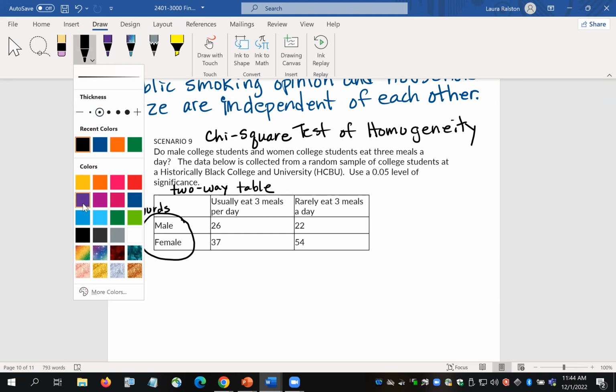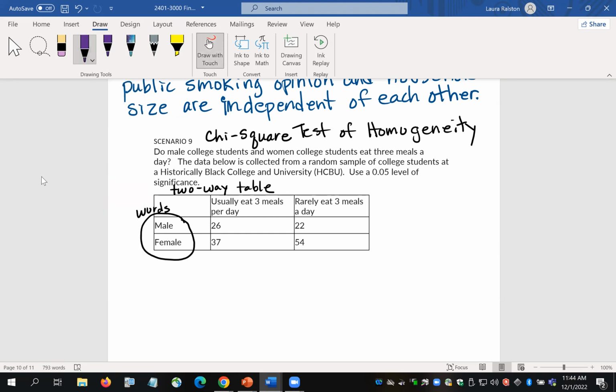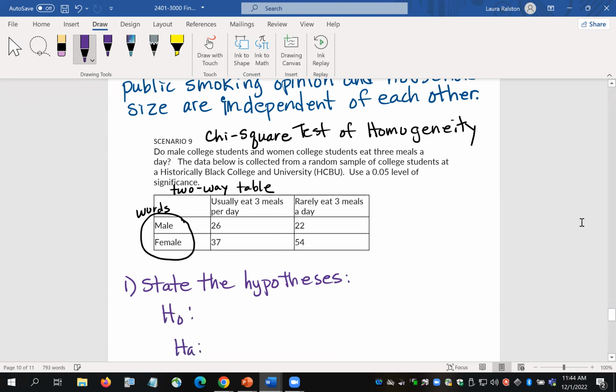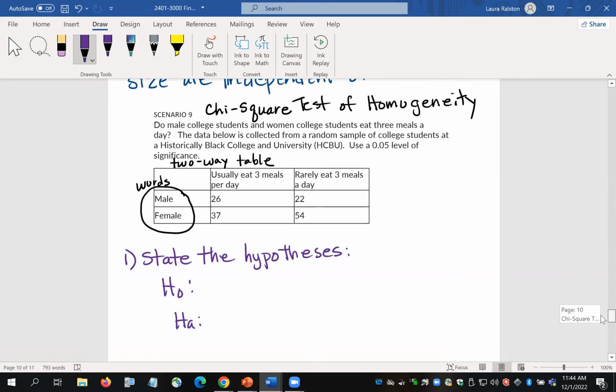So we do begin, as always, by stating the hypotheses. We're saying that they're the same, and I'm trying to remember how they word that.